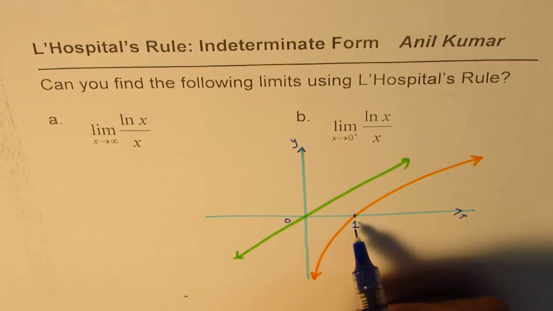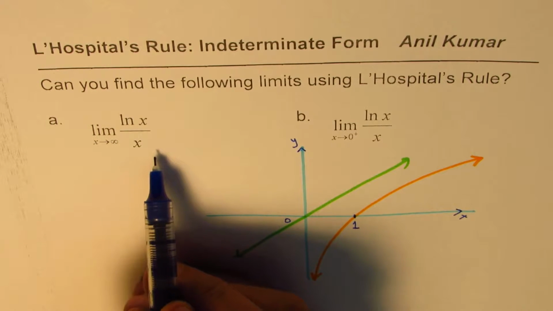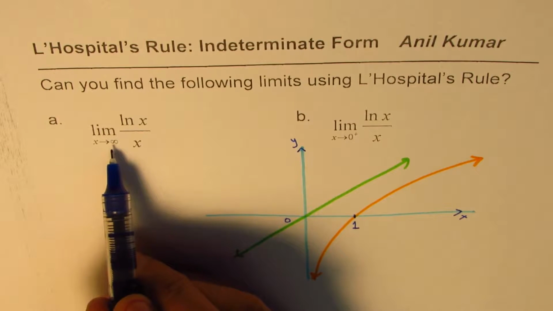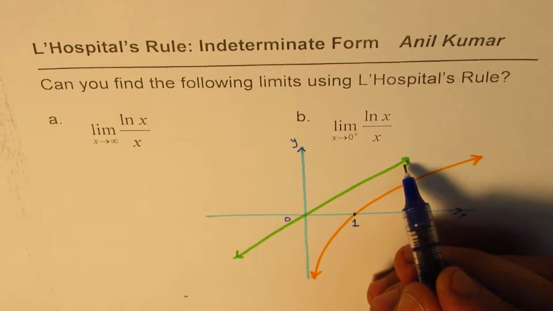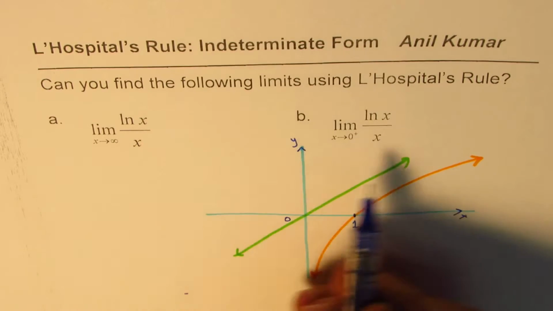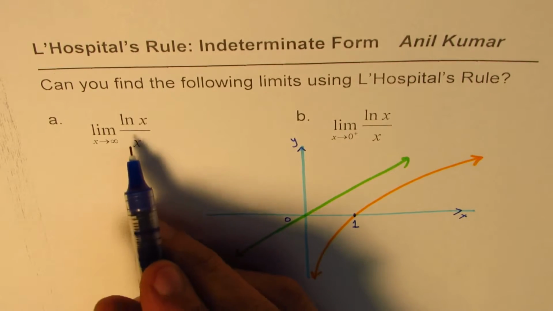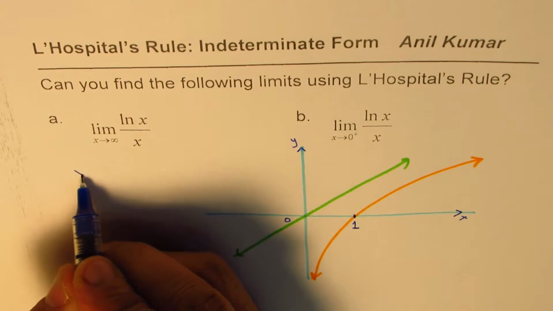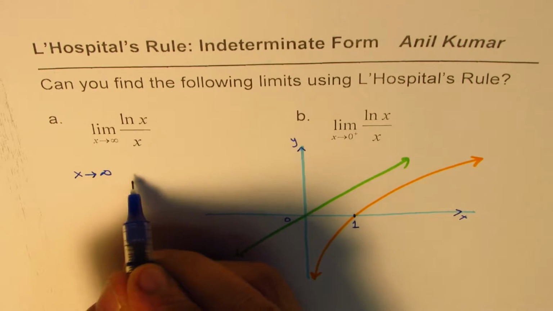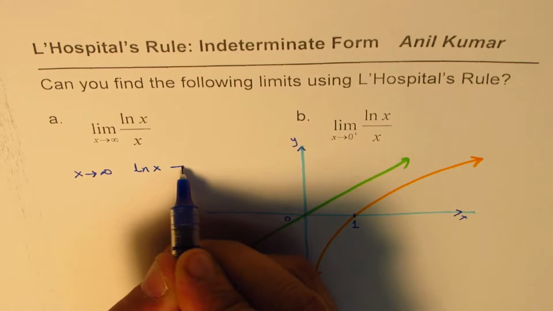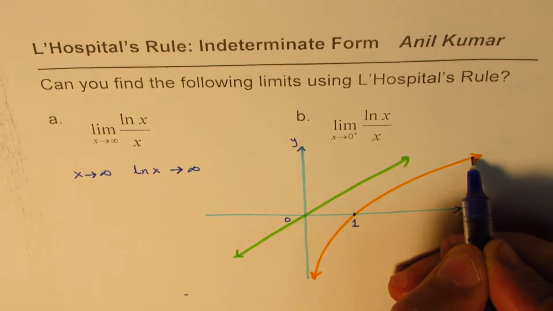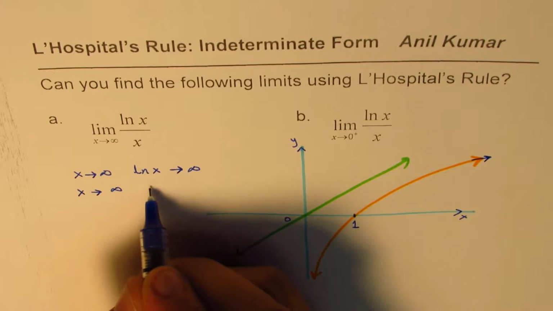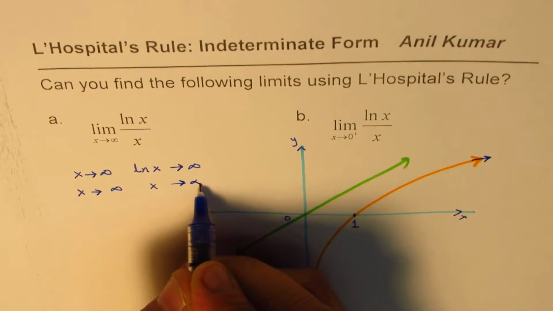What we see here is that, let's look into the first function, where we need to find the limit as x approaches infinity. So you can see as x approaches infinity, the numerator approaches infinity, and the denominator also approaches infinity. So as x approaches infinity, ln x approaches infinity, and x also approaches infinity.